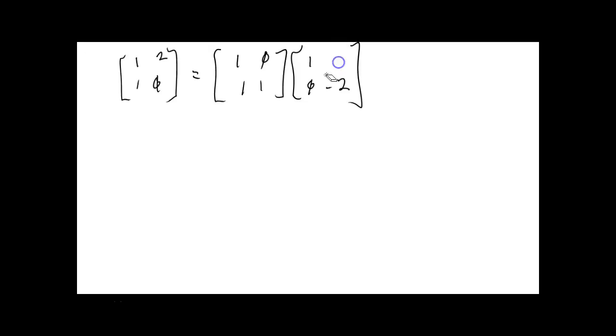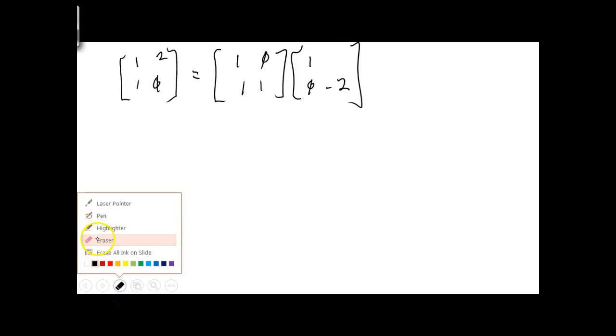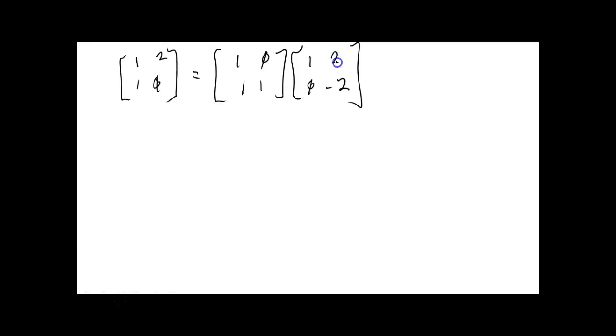Let's see if we can make that 2 look more like a 2. Now, they didn't tell you how they came up with these. But what can you tell me about this one? Yeah, there's a 0 in the upper right corner. It's a lower triangular matrix.